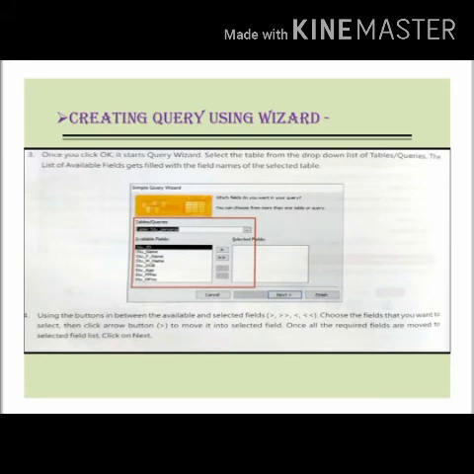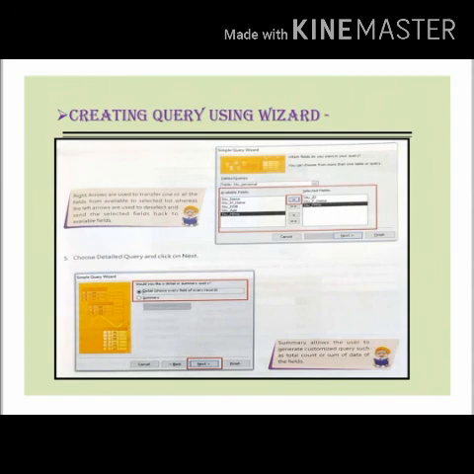Once all the required fields are moved to the selected fields list, you have to click on next. When you are doing step 4, you can see the image showing on the top of the screen, the Simple Query Wizard.